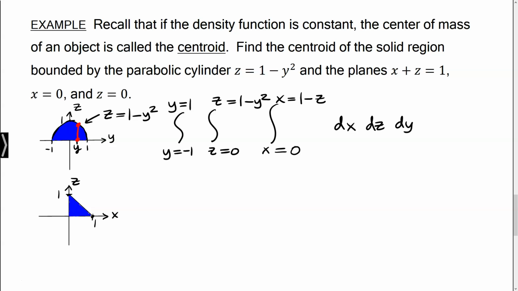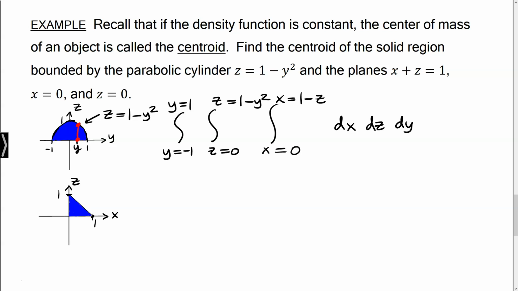Now, when you're projecting this way and you're trying to set this up as a double integral, or the iterated integral to get this region, I don't really think it matters whether you do x and then z or z and then x, because they're both going to be about the same. So let's do x first.